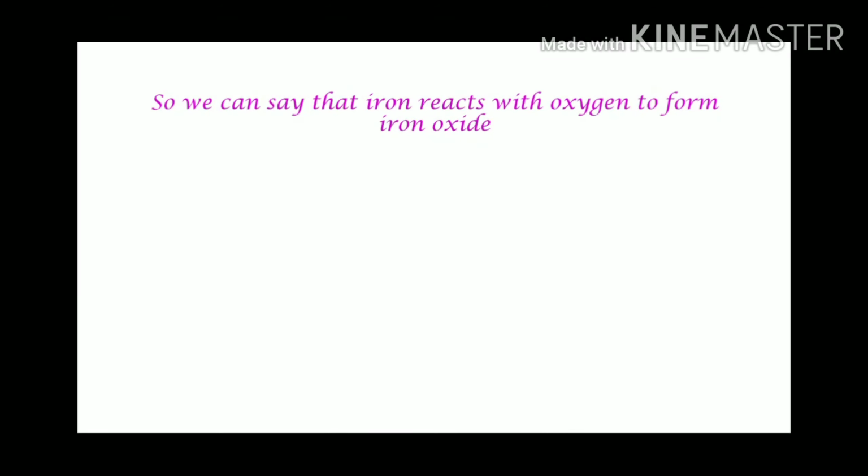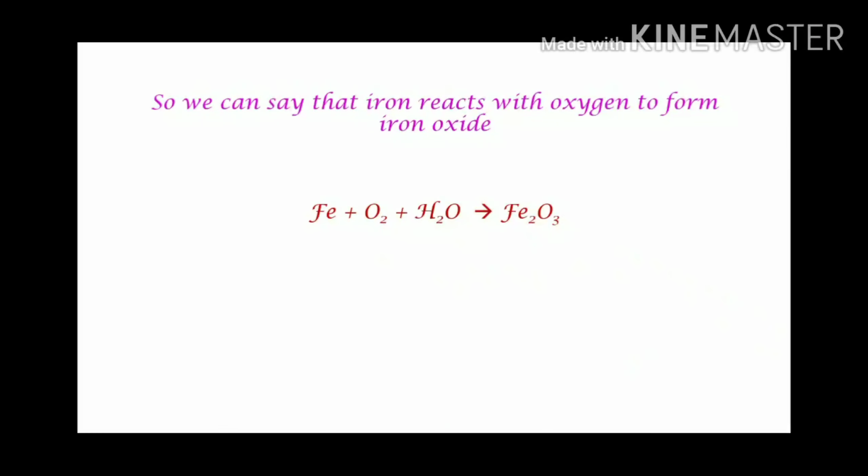So we can say that iron reacts with oxygen to form iron oxide. Fe plus O2 plus H2O gives Fe2O3. This is the equation for the reaction. Rust is hydrated ferric oxide. Its formula is Fe2O3.XH2O.